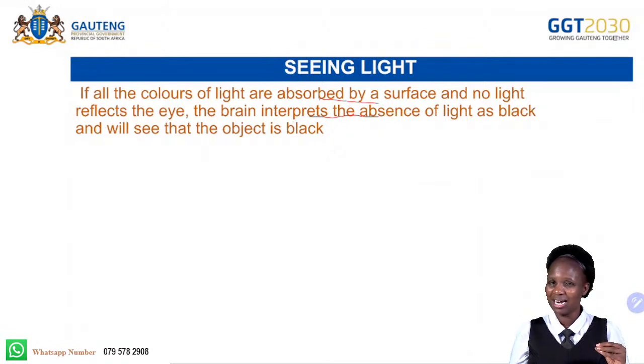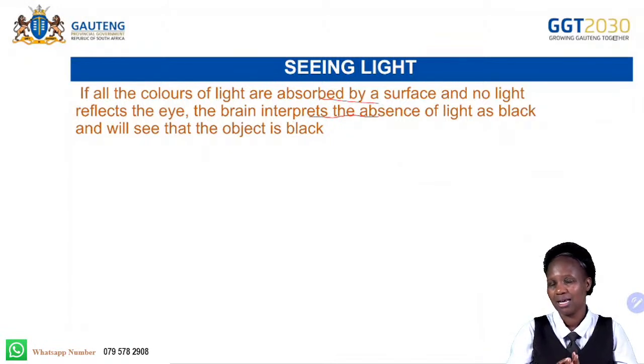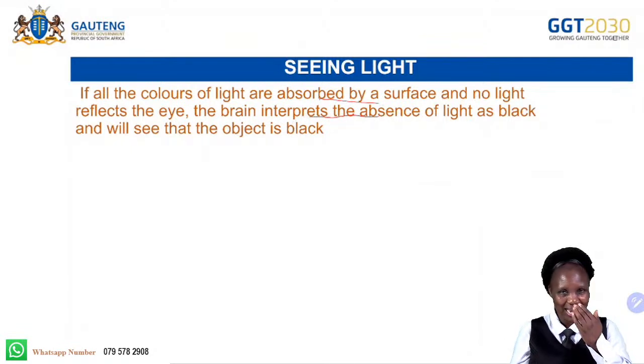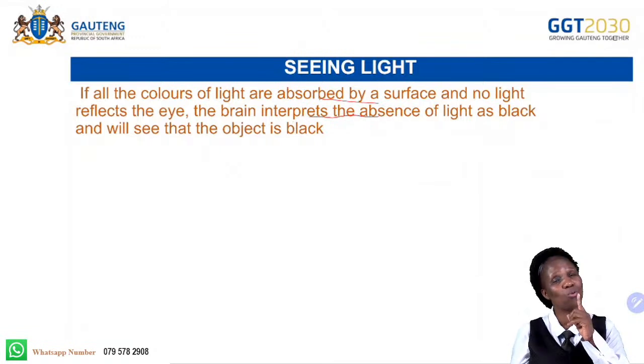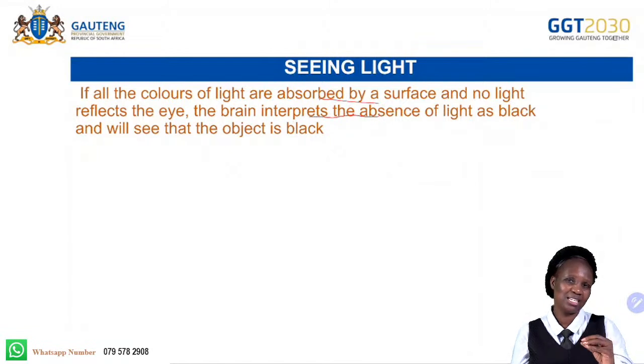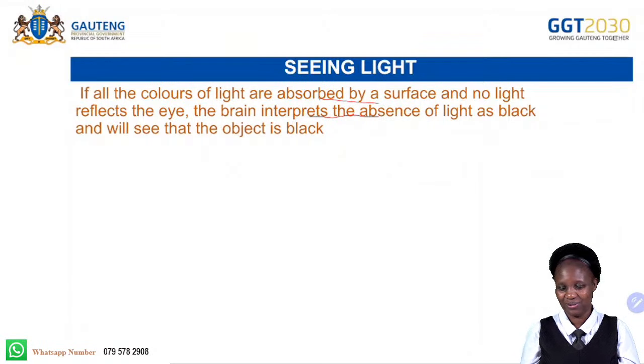If all the colors of the visible spectrum are being absorbed at a certain surface, then we'll see it as black. And when we are seeing different colors, it shows that the light that is entering our eyes is the one that is being reflected. This is the reflective ray. Are we together? Good. Let's move on.